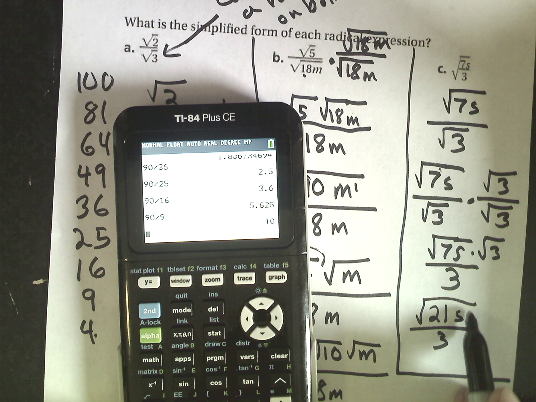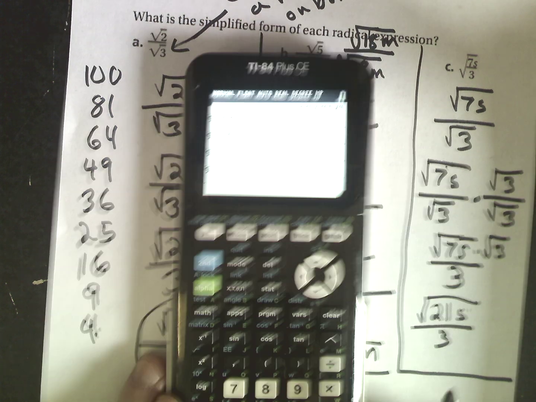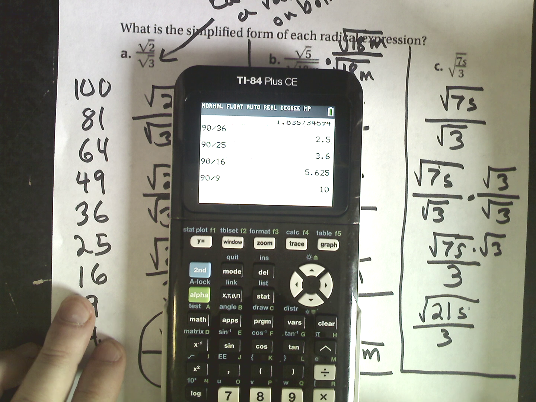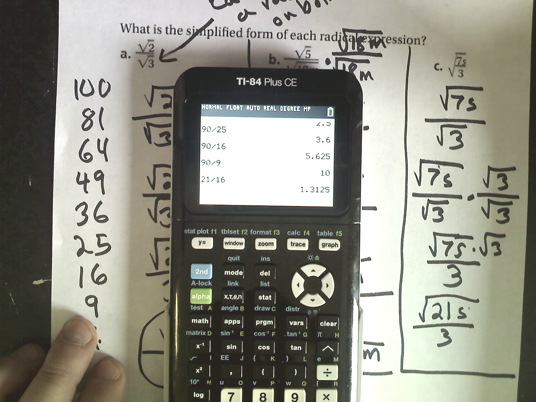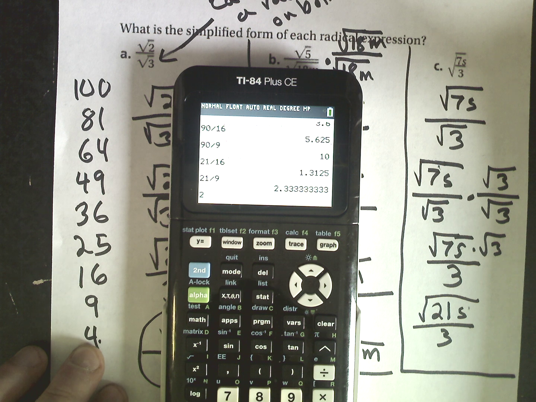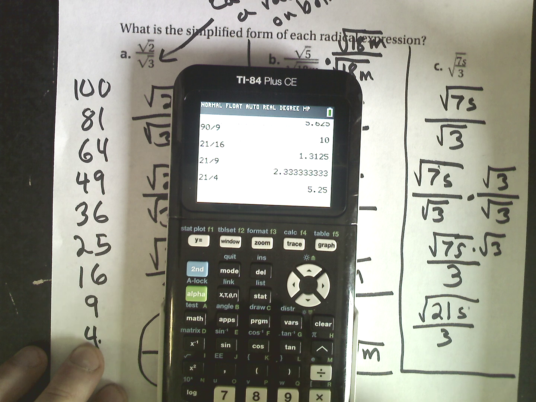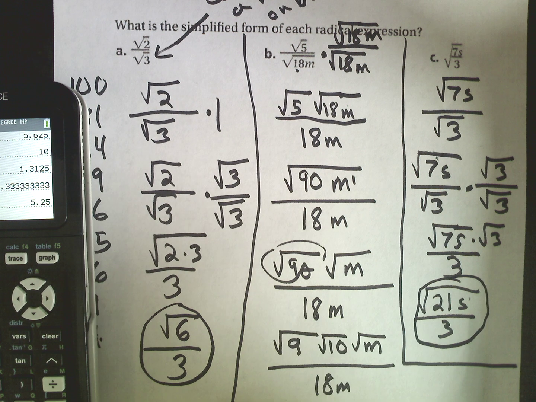Can't reduce s because that has an exponent of 1, but 21. So I'm going to go through my perfect squares that are smaller than 21. 21 divided by 16, nope. 21 divided by 9, decimal, nope. 21 divided by 4, decimal, nope. So these don't work. So this ends up being our final answer.